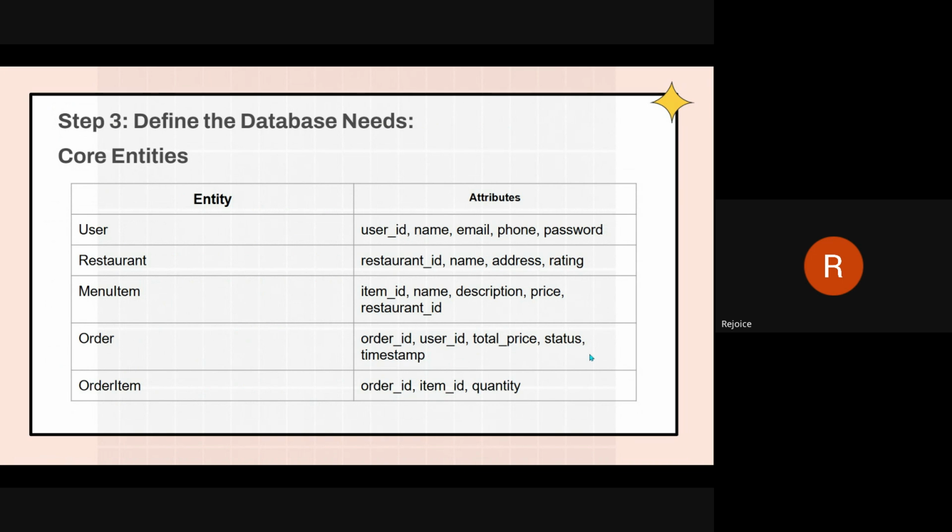And then status and timestamp. So when I create the order, definitely my status will be maybe pending or something. And then the order item contains this item ID, and then the quantity of what I'm ordering.